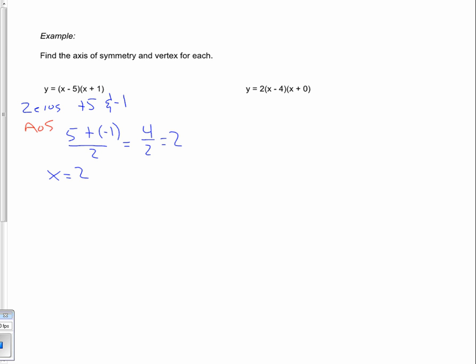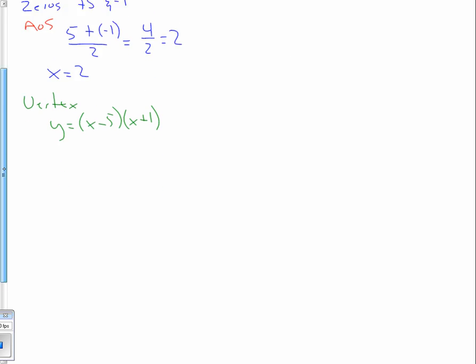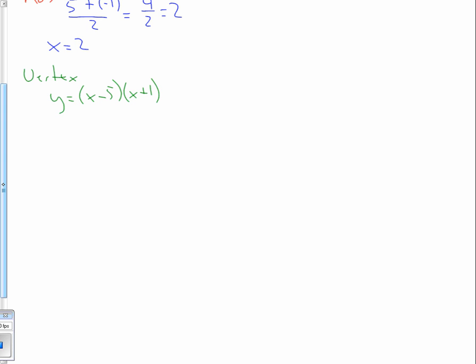Now, if I want to figure out what the vertex is, I need to figure out what the y-coordinate is first. I know that x is equal to 2, so I'm going to use my original equation, (x - 5)(x + 1), and substitute in my value for x.